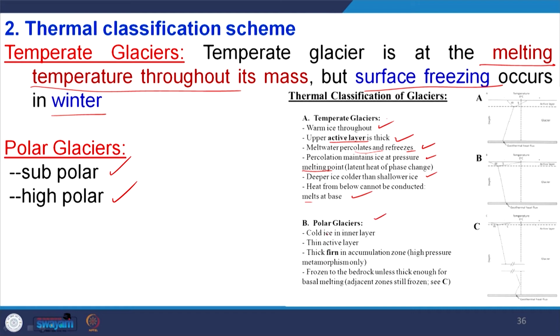Then polar glacier: cold ice is the inner layer, thin active layer, thick firn accumulation zone, high pressure metamorphism only, frozen to bedrock unless thick enough for basal melting. So, these are the differences between temperate glacier and polar glacier.